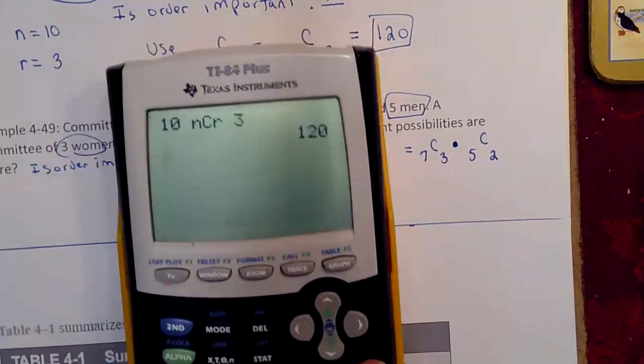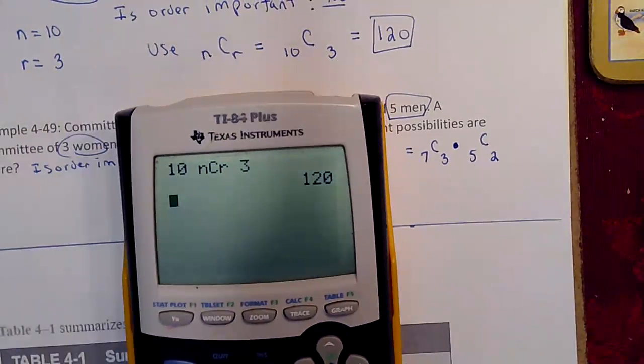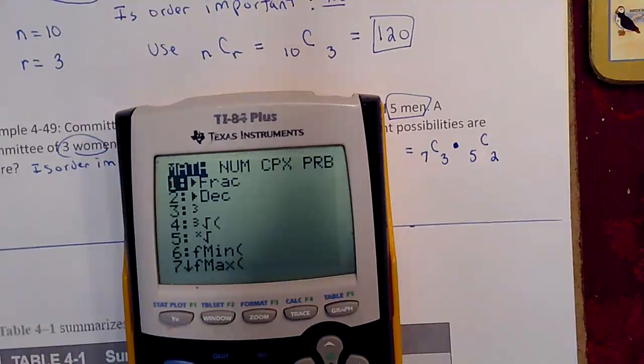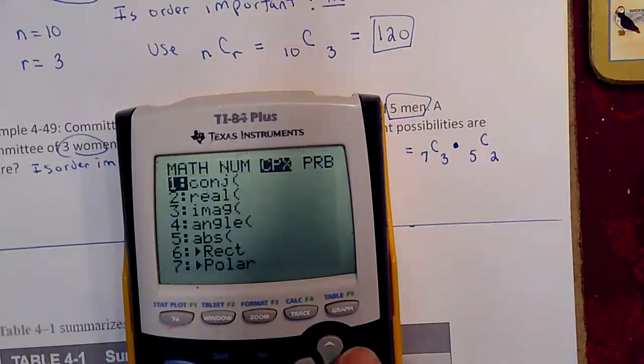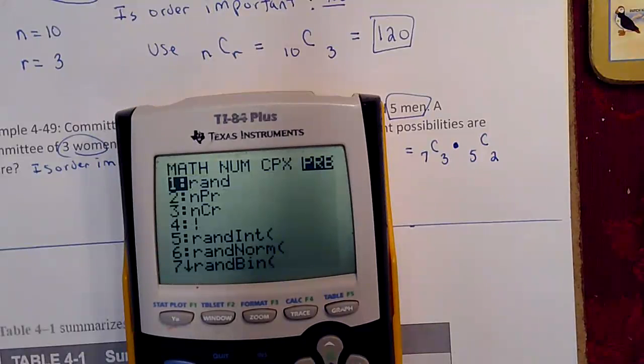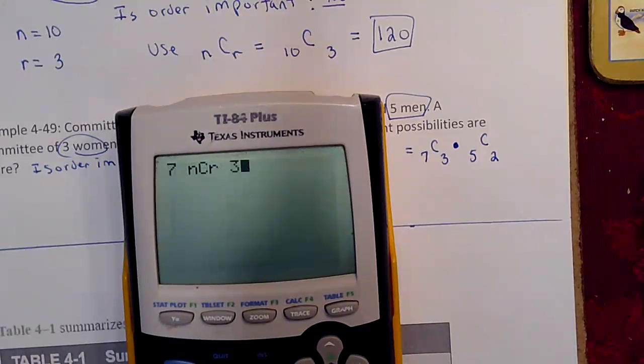Now, when I type this in, I'm going to do 7, and then math, and then probability, and then combination, and then 3. And then here, I think I do need a times. I know earlier we didn't need a times, but now we need to put in a new problem.